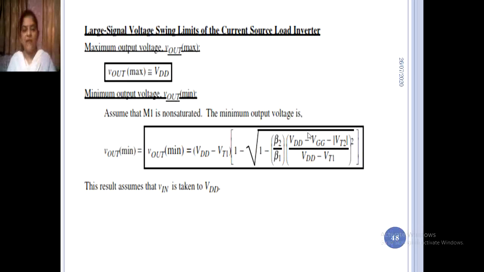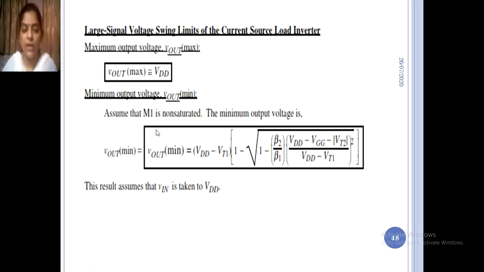So the large signal voltage swing limits of the current source load inverter. The maximum output voltage Vout max is equal to VDD. The minimum output voltage Vout min is given by this formula.